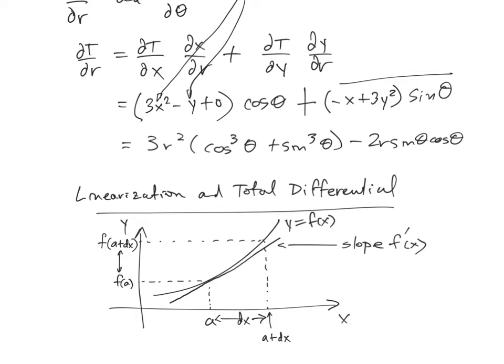I put an x value of a in the derivative of f, and I've got the slope of the tangent line at a value of x equal to a. If I put a different value of x, a plus dx, into this derivative, I get the slope of this tangent line. Okay, but I'm interested in this point here.